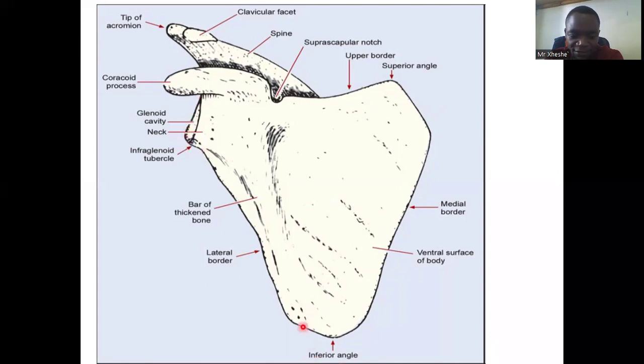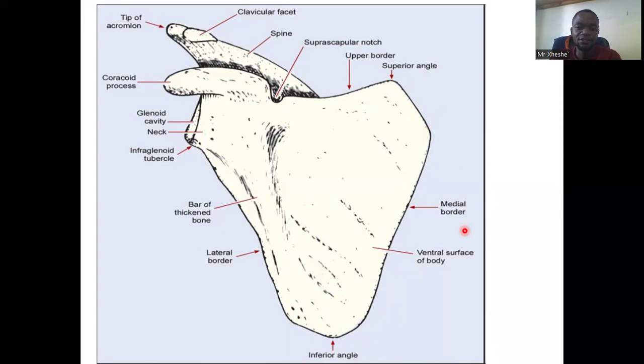Look at this line and then it bends like this, so another angle here. 3 angles, 3 borders and 2 surfaces. That's all. What is important is to know the names. Surfaces: we have anterior and posterior surface. Borders: we have medial border, lateral border, superior border. Angles: superior angle, inferior angle, and lateral angle.